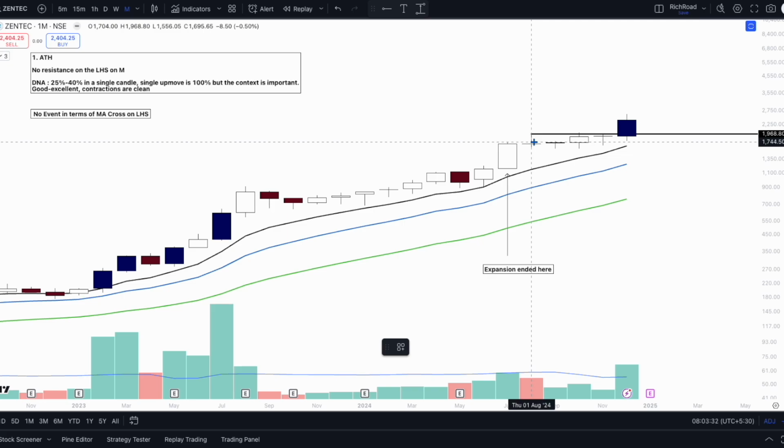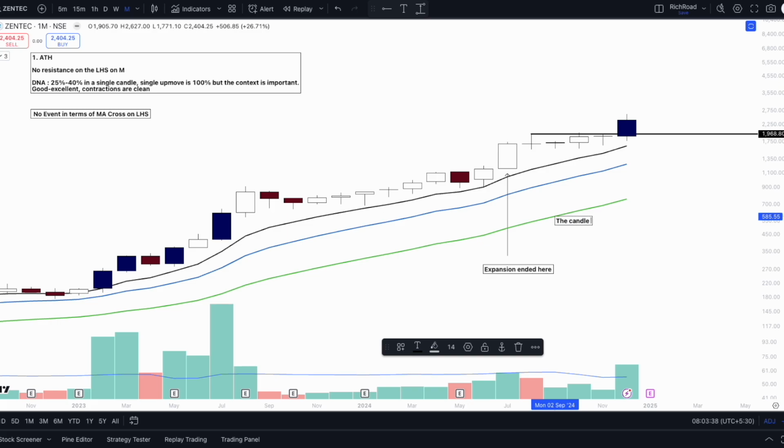And the candle with which the expansion ended, you have to note it. I mess up this at times. Expansion ended is where contraction started and stayed within.